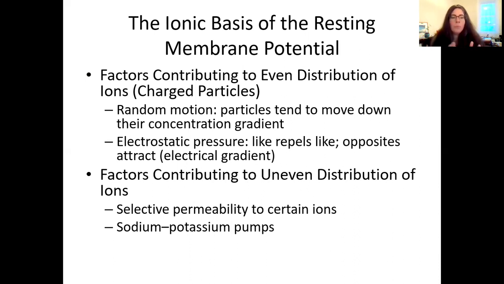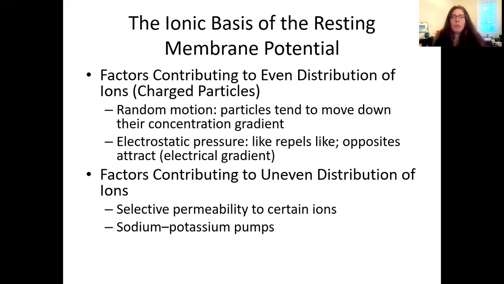And ions move because membranes are selectively permeable. So some ions, chemicals can move freely inside and outside of the cell through protein channels, and some ions can't move freely. They have to have channels that will open up to allow them to flow.